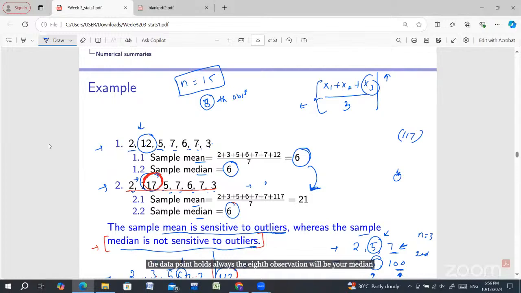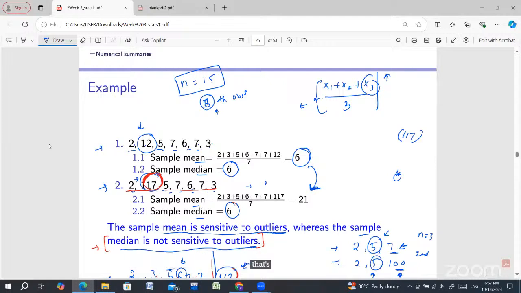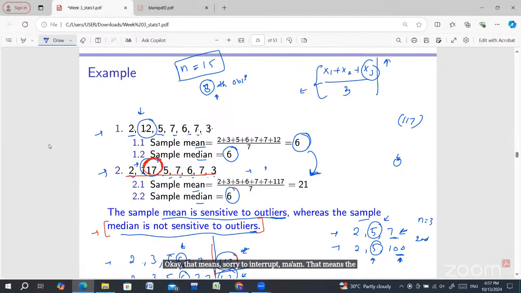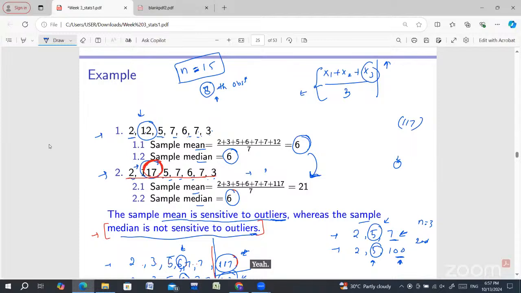So it depends on the position of the data points and not the value that the data points are holding. That's why it's not affected by the outliers. That means the median value can change, but the position is going to remain the same. Suppose n is 15, then the median will always be this data point only.